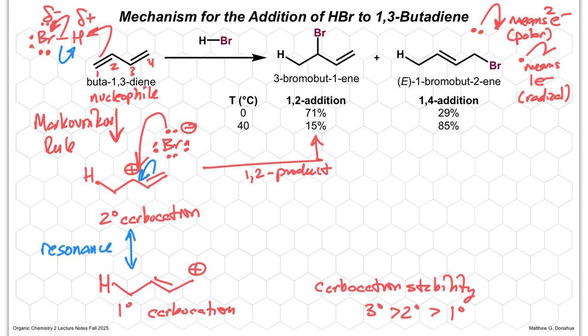The allylic means you have sp2, sp2, that system. The atom next door is the allylic position. The allylic system has extra stability.